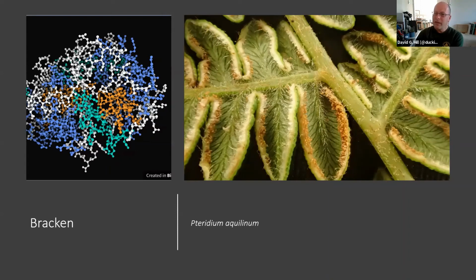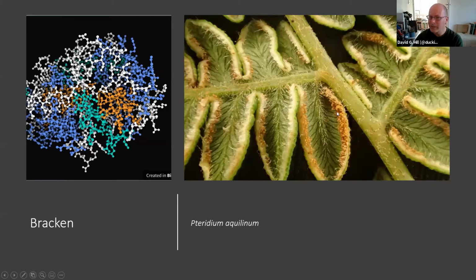Most of the time it relies on vegetative propagation, so it creeps through the surrounding soils. It can spore, but we're really at the northern edge of its distribution, so it's very rare to find it sporing. This is actually, you can see where it has been fertile. Most of the time you just get what's called a false indusium around the edge of the pinnules.